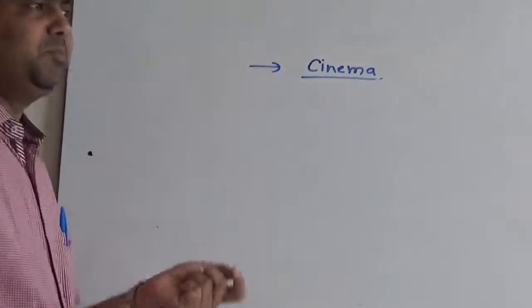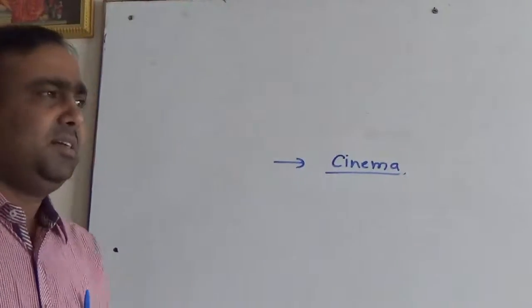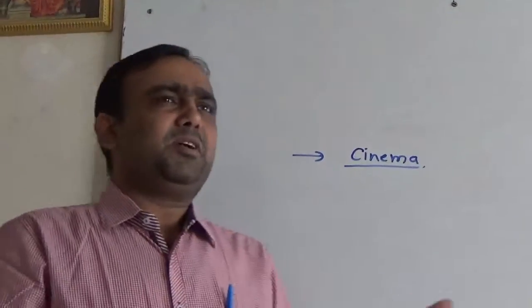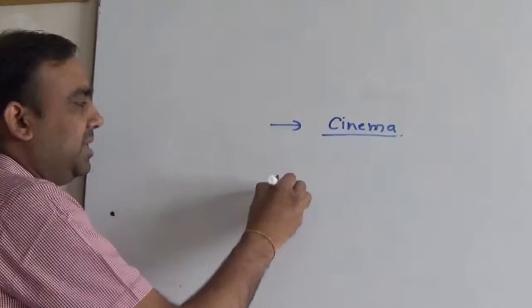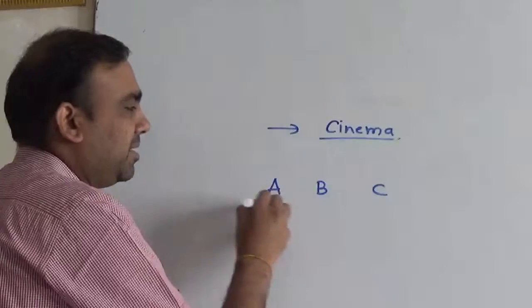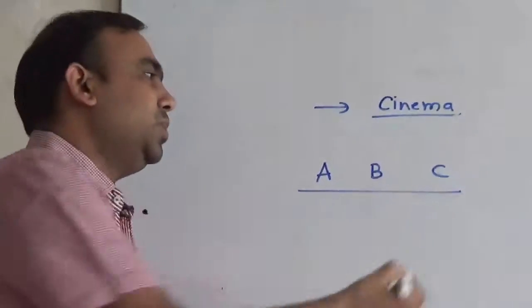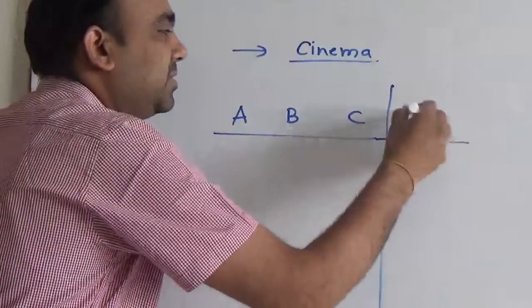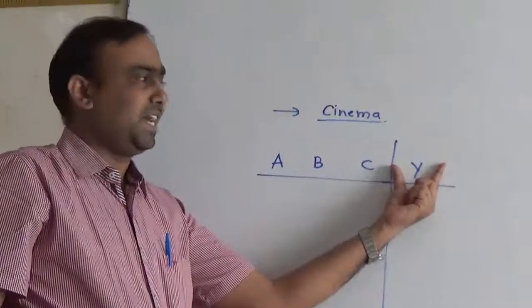For example, I have some friends and friends may come with me or may not come with me. Suppose I have 3 friends. Let us name them A, B and C. These are my friends and I want to go to cinema. The decision is Y. This Y is my decision, whether to go for cinema or to cancel.